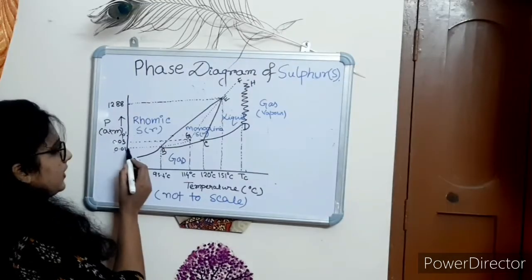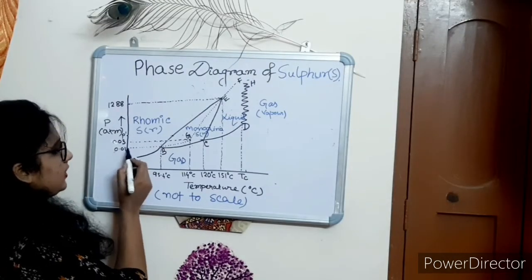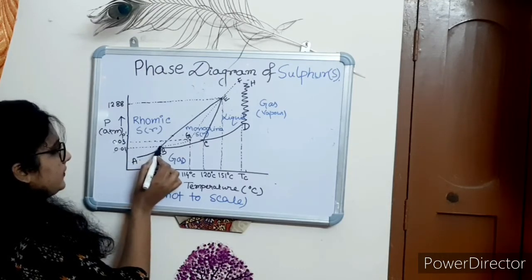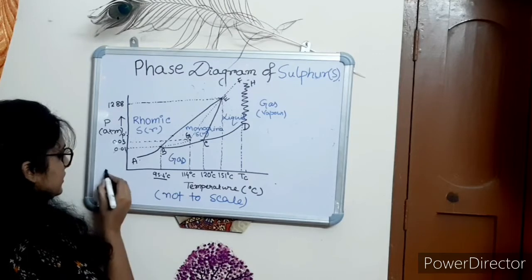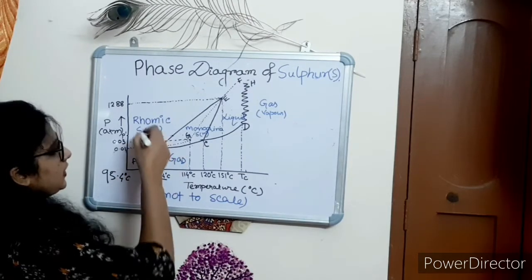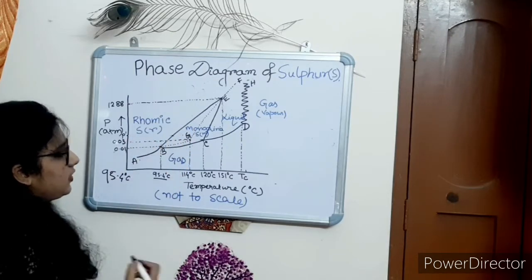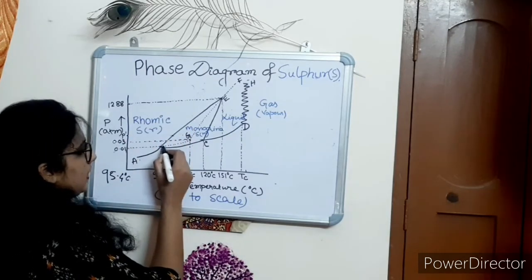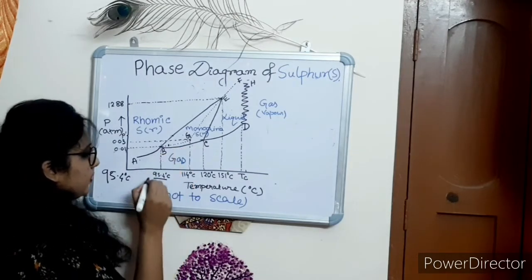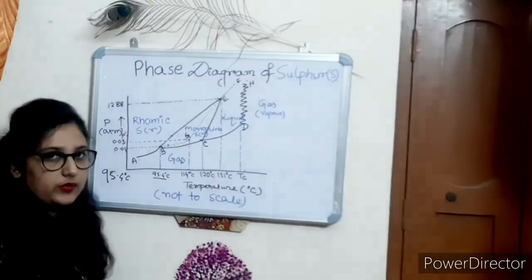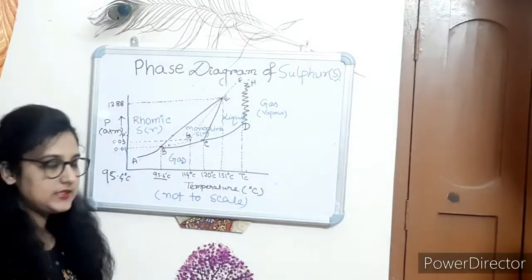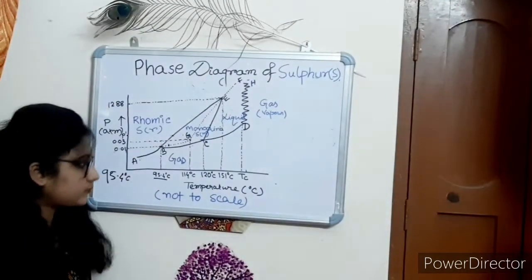If you increase the temperature of the system slowly, after 95.4 degrees Celsius you cannot get the sulfur in the orthorhombic state; you get the sulfur in the monoclinic state. So the transition temperature of orthorhombic sulfur to monoclinic sulfur is 95.4 degrees Celsius.